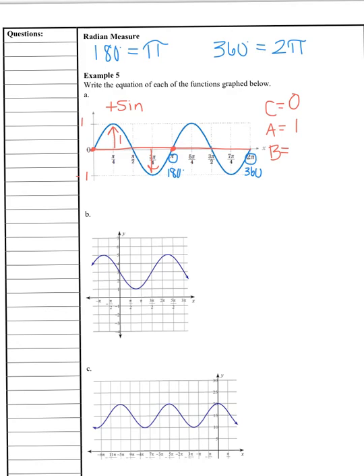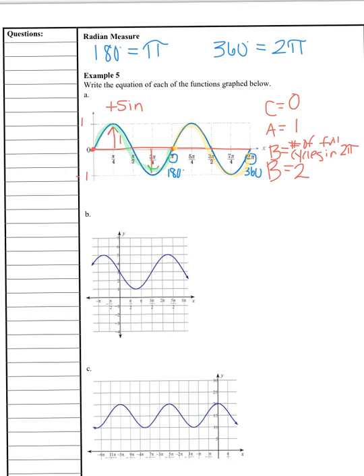So our frequency, remember, is the number of full cycles in 2 pi or 360. So looking at this graph, if you can tell just by looking at it, there's one full cycle there and a second full cycle there. So our frequency is 2. So B is equal to 2.